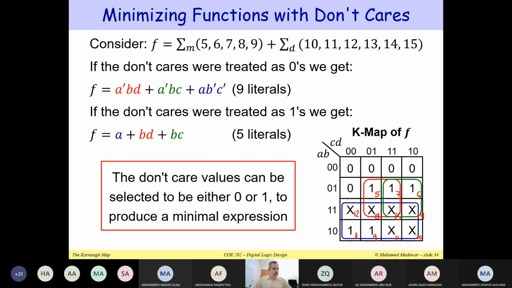We can select them to be either 0 or 1 to produce the minimal expression. Remember one thing, if you combine the don't care with the 1, the don't care becomes a 1. If you do not combine the don't care with the 1, it remains 0. So you can make it 0, you can make it 1, depending on whether you combine it or not with a minterm.